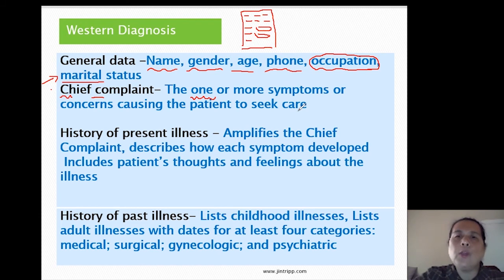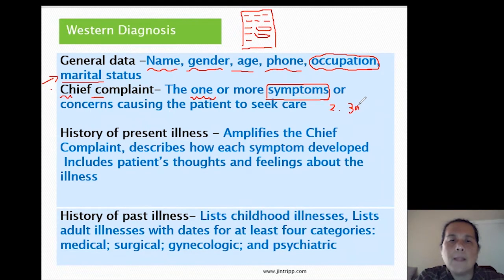We try to pick one or two of the more important symptoms and put them there. Don't put the illness name there; just put the symptoms. You can also put the duration, like 2 hours or 3 days.